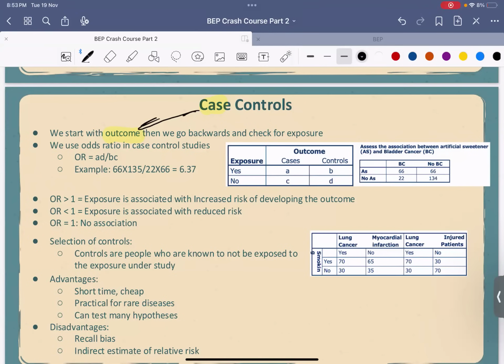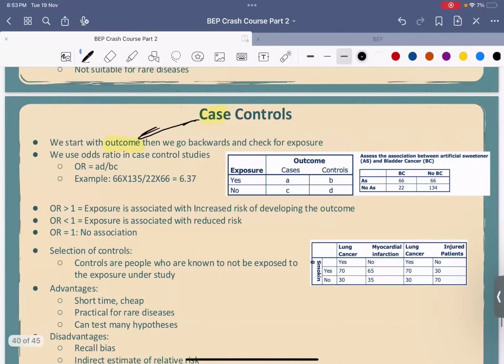Okay, so in this case, for example, to get the odds ratio, we multiply 66 by 134 and then the other 66 by 22. Okay, so we're assessing the association between artificial sweetener and bladder cancer. So we took patients who have bladder cancer. We chose patients who do not have bladder cancer.